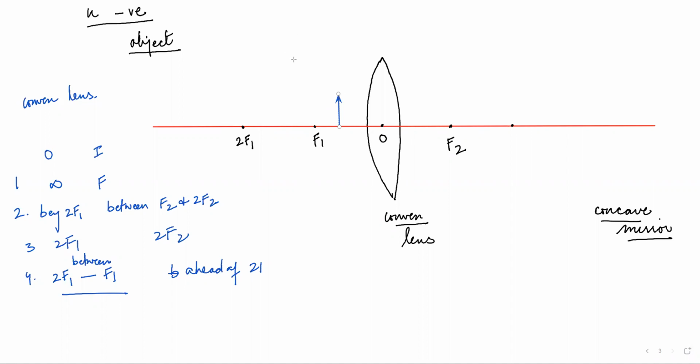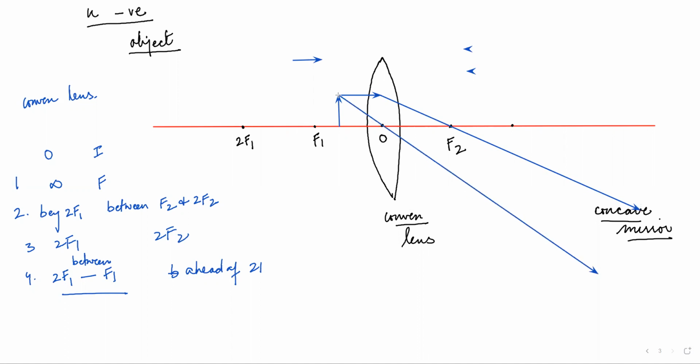You draw a line parallel to principal axis. After getting refracted, it will pass through the focus. And the second line, don't worry, here you need not do anything. You just pass through O.